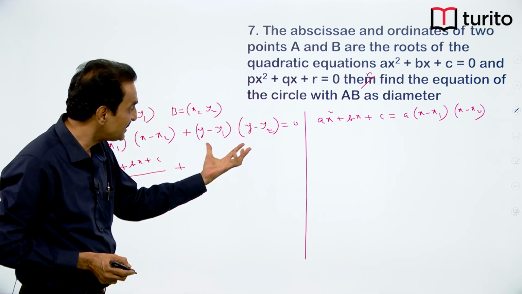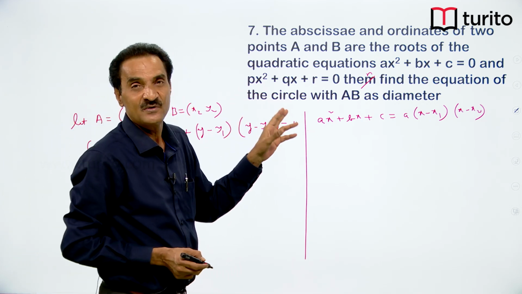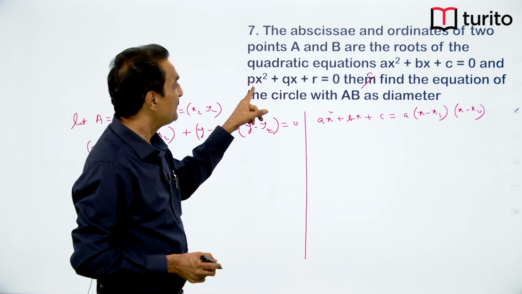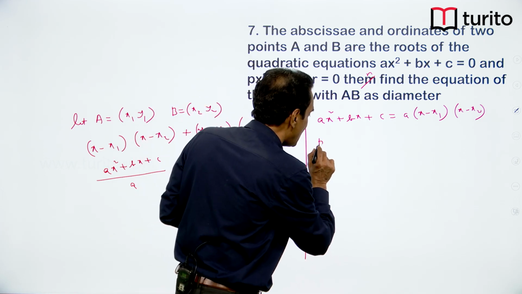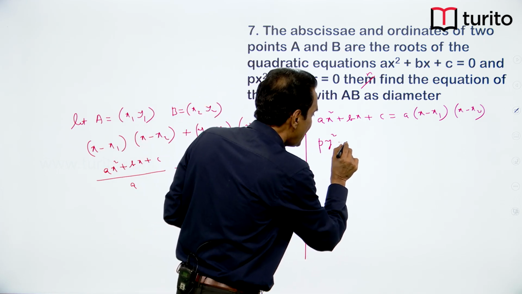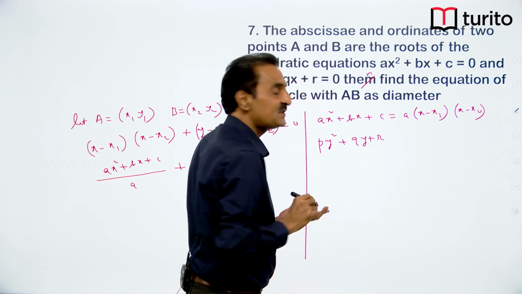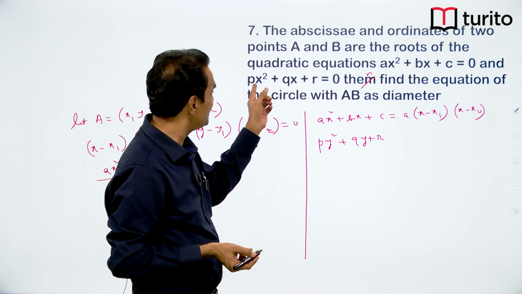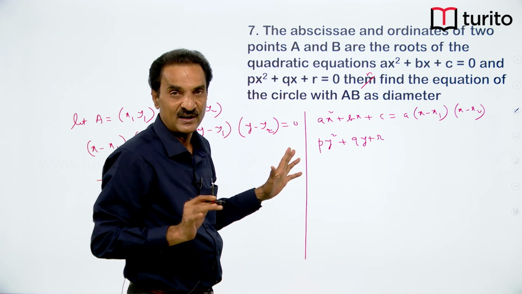But since you want an expression in y, let us change this quadratic equation to y. If y1 and y2 are the roots of this equation, then y1 and y2 are the roots of py square plus qy plus r is equal to 0 also. We did not change the equation, we changed only letter x to letter y. So, still roots will be same.